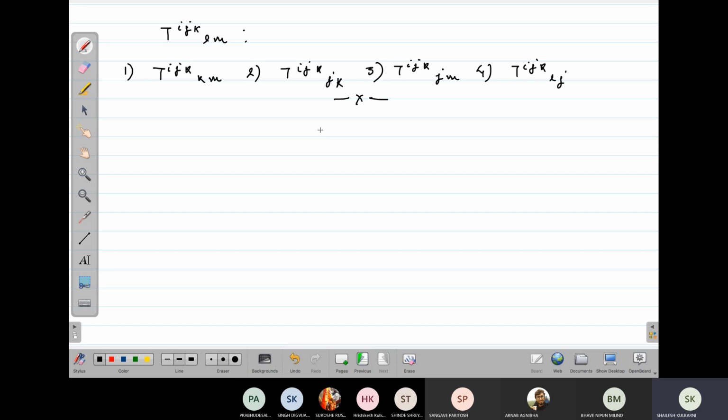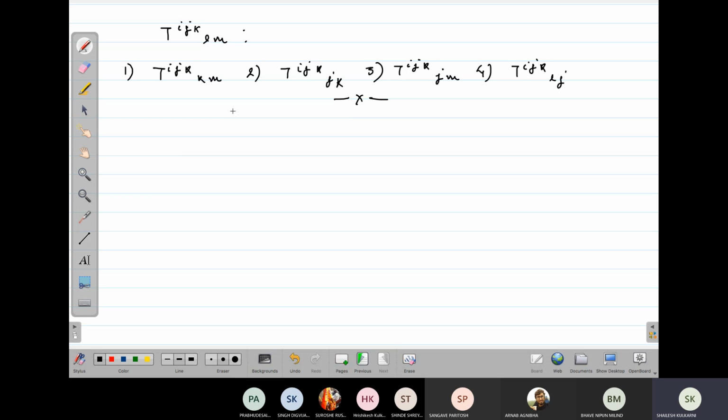Okay. So now the next point is, we have discussed vectors, dual vectors, tensors, different types of tensors, and a process called contraction.